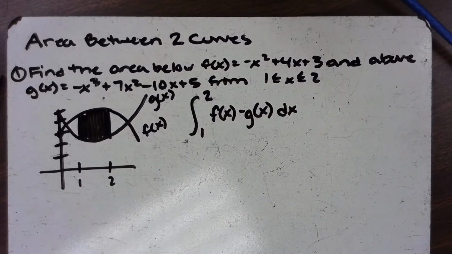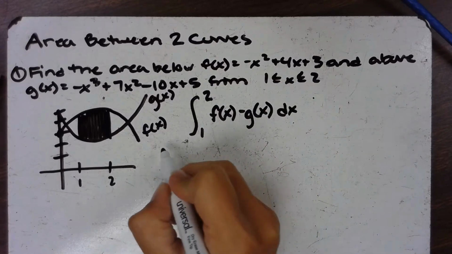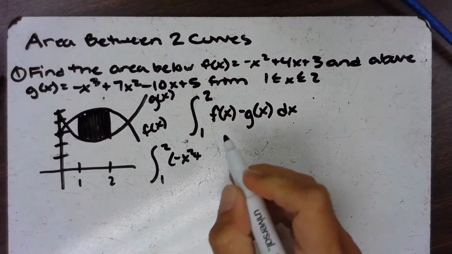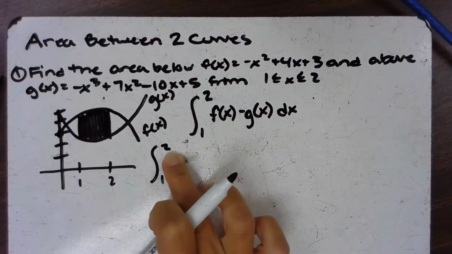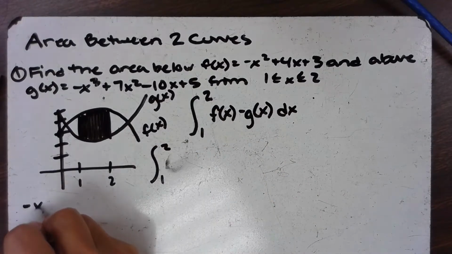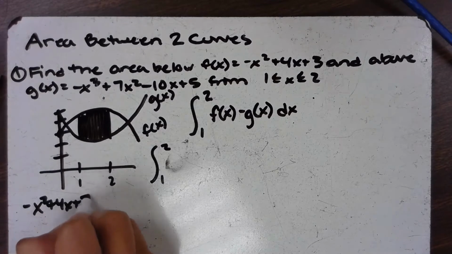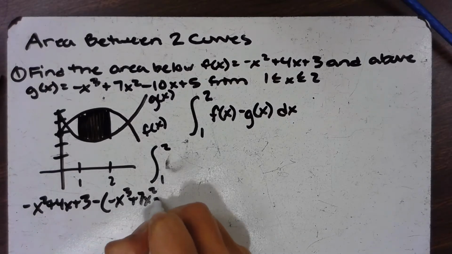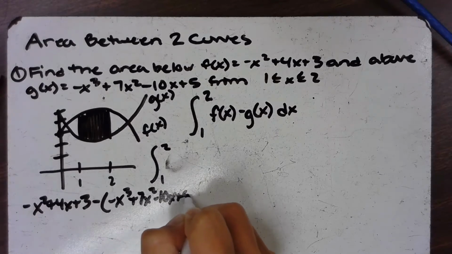Now I can do this by hand, and you're going to see me do some by calculator, some by hand, just so we can do this a little bit quicker. But here, if I want to do this by hand, I've got to be careful. Instead of doing it right here within the integral, you may want to come out to the side and write negative x squared plus 4x plus 3, minus the negative x cubed plus 7x squared minus 10x plus 5.